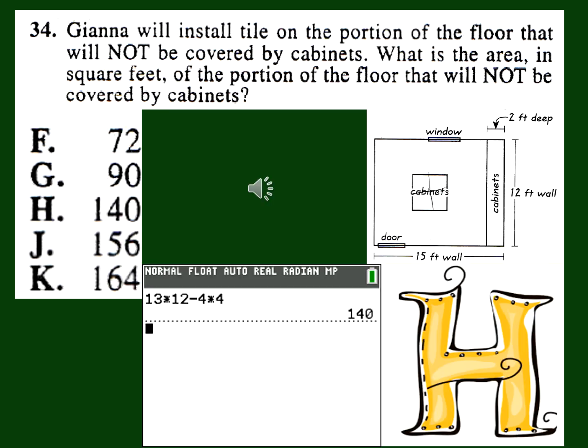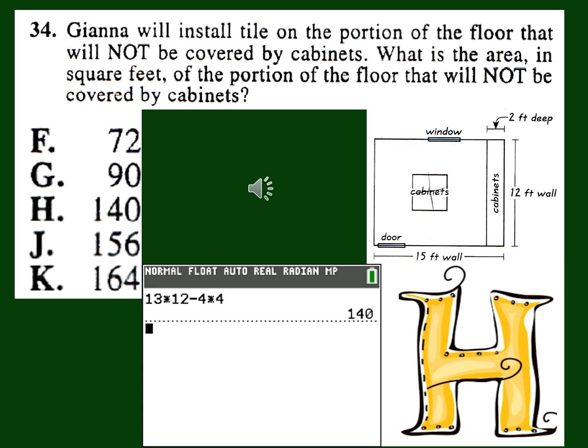And so to do this, I just found the area of the whole room, and then I got rid of the part that's covered by cabinets. So in this, you'll notice what I did is take 13 times 12 minus 4 times 4. The 13 is just, we had a 15-foot wall and it told us that the cabinets were 2 feet deep.